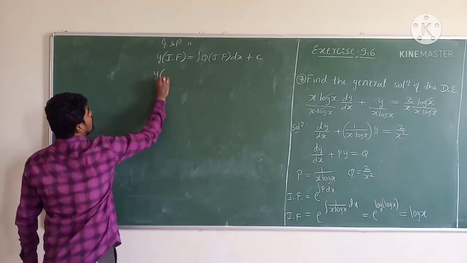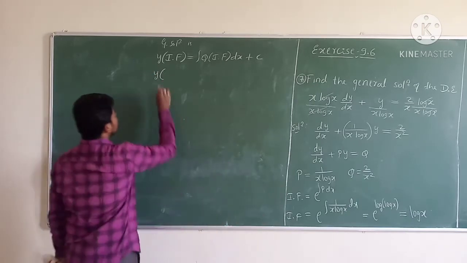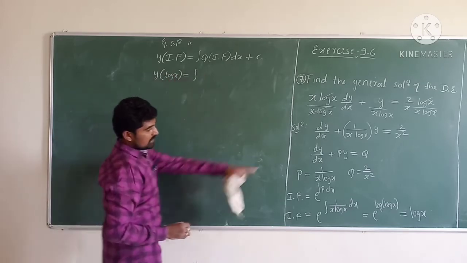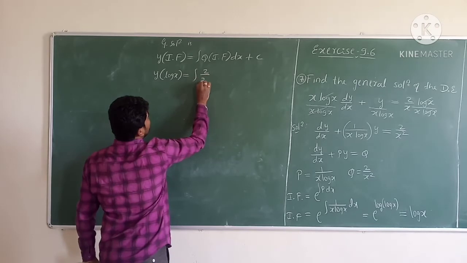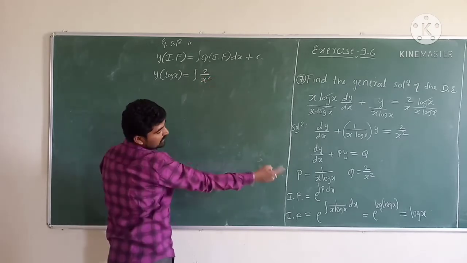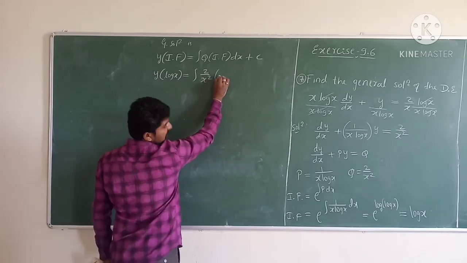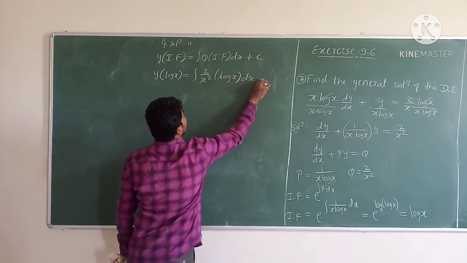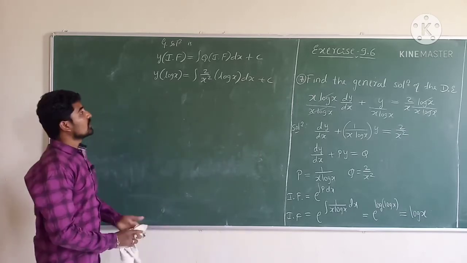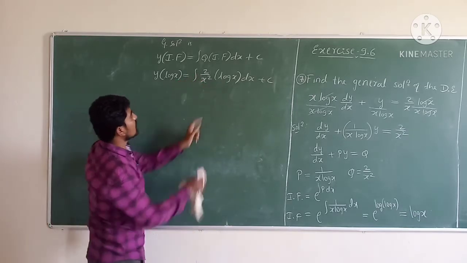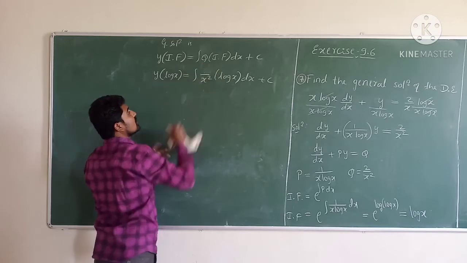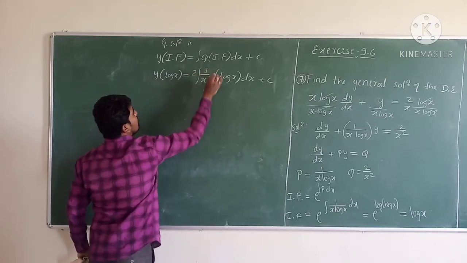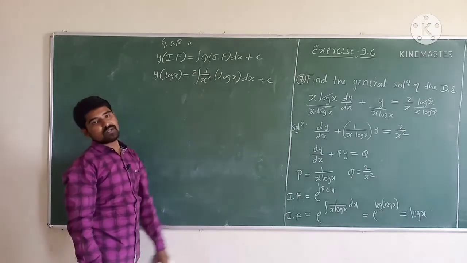So y into log x is equal to the integral of q, which is 2 by x square, into the integrating factor log x, with respect to x, plus c. Now 2 is a constant, so taken outside the integral: 2 into integration of 1 by x square log x dx plus c.